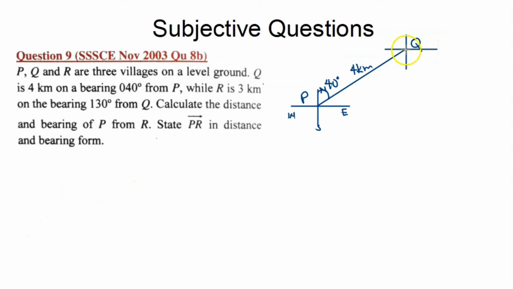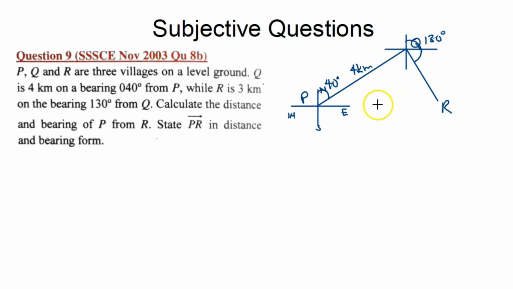Therefore, I'll have it here. But remember, the distance from Q to R is 3 kilometers, so that should be shorter than 4 kilometers. I can assume that this is my 3 kilometers, a bit shorter. So that is the location for R, and that is the bearing of 130 degrees.